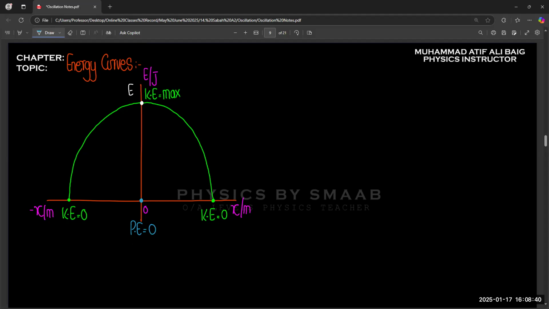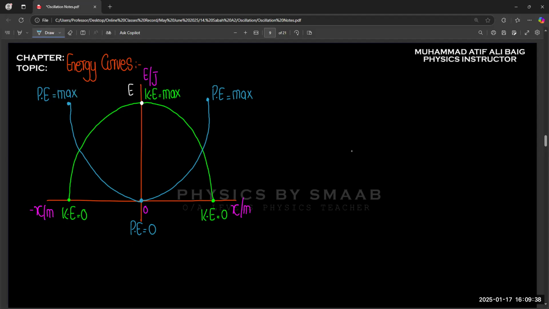So for example, if we start from the same point, because energy remains conserved, like this. Okay, so this is the curve for potential energy, right? It's minimum energy when it's at zero displacement, because there's no height. But at extreme positions, towards right or towards left, we have maximum values for potential energy.